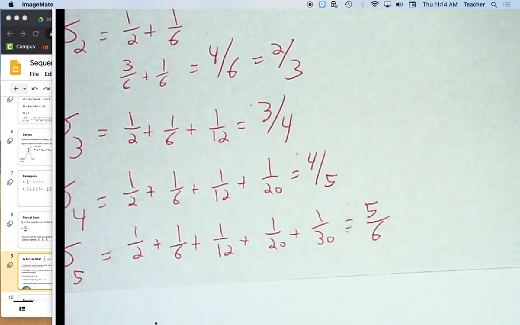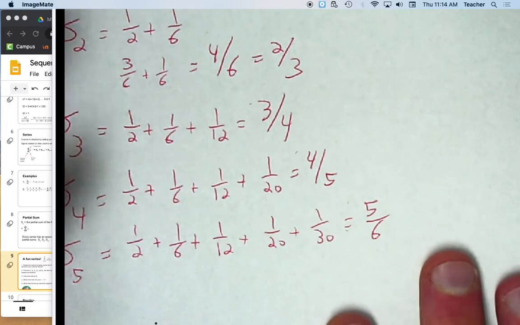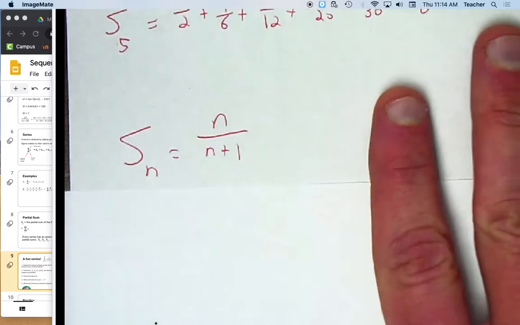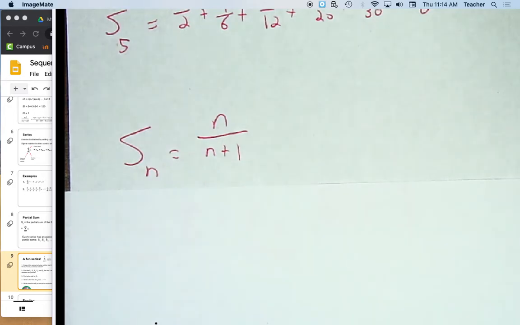It would make sense that the sum of the first 10 terms would be 10/11, the sum of the first 100 terms would be 100 over 101, and so forth. It seems like potentially the formula for the sum of the first n terms is n over n plus 1. That intuition, that pattern, turns out to be correct. We will confirm that in just a minute, but it is correct.